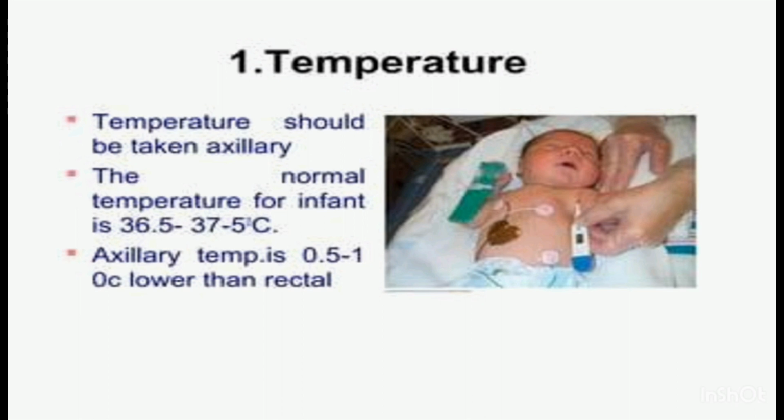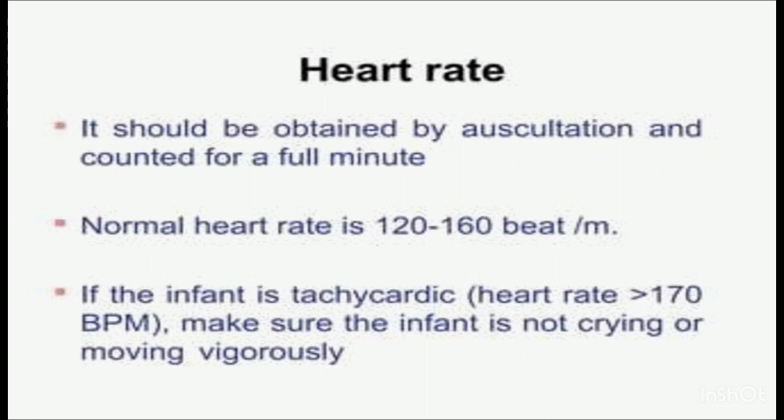First is temperature. Temperature should be taken axillary. The normal temperature for an infant is 36.5 to 37.5 degrees Celsius. Axillary temperature is 0.5 to 1 degree Celsius lower than the rectal temperature. Next is heart rate.